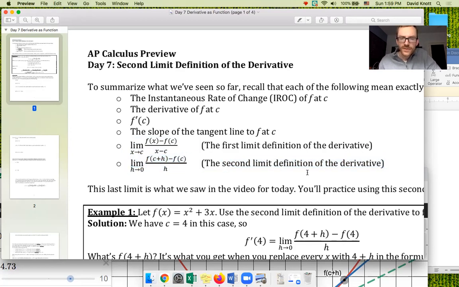Anyway, the goal for today is that you're just going to practice using this new limit definition of the derivative. And so I'm just going to do an example with you using that new definition.